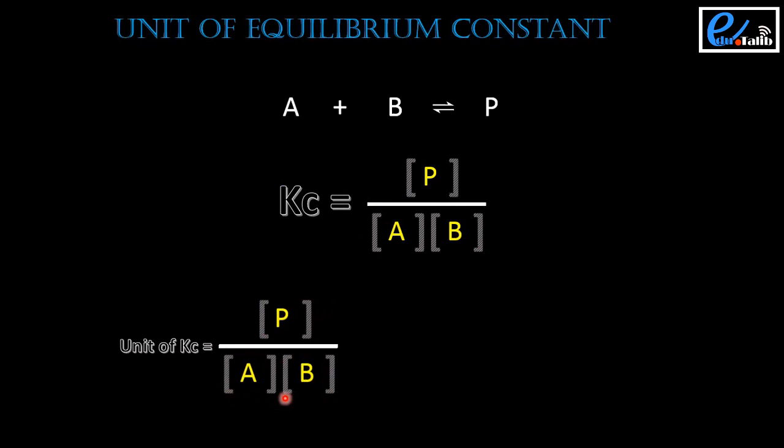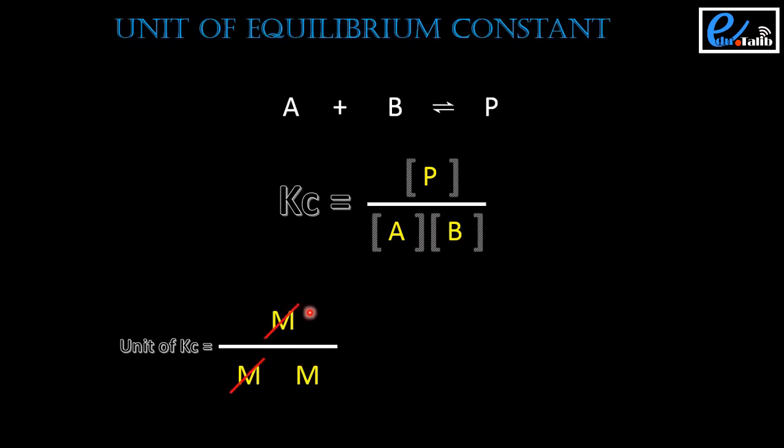And as we know, the unit of concentration is mole per dm cube, or it should be represented by the capital M. So we now have to replace it by the capital M over here. Now one M is in the numerator side, and there are two Ms in the denominator side. So we may cancel one out.